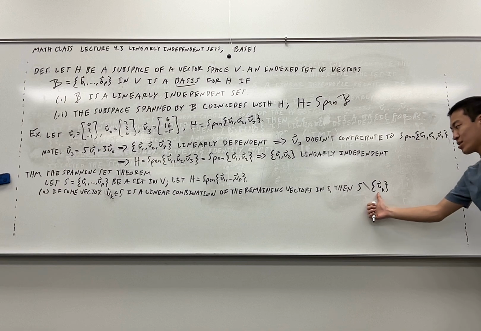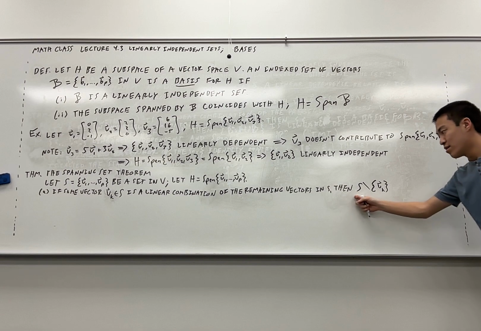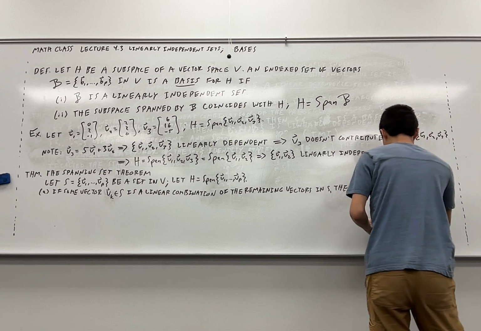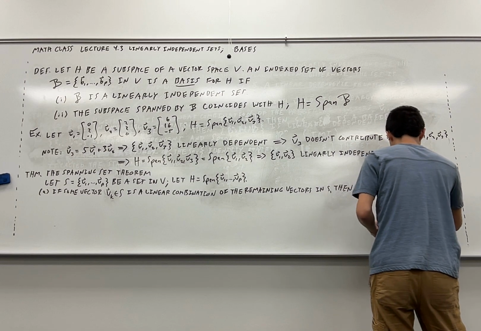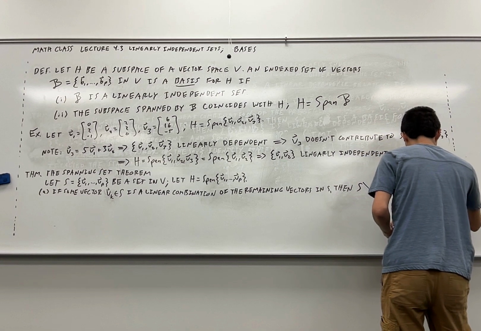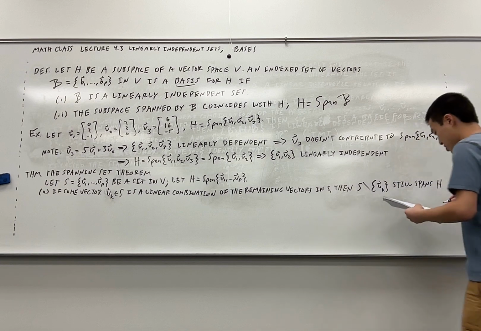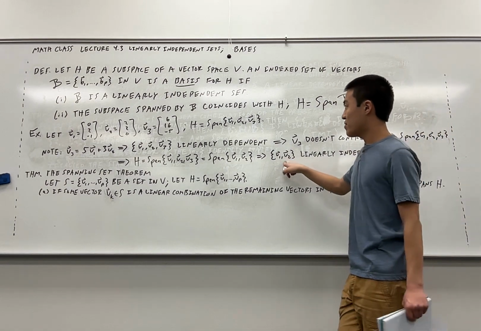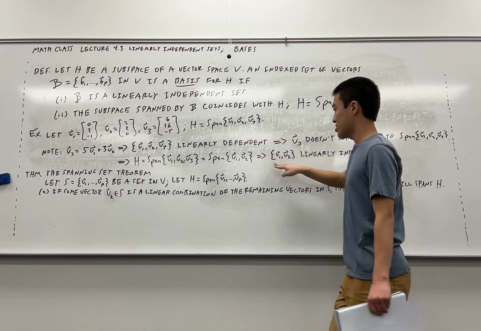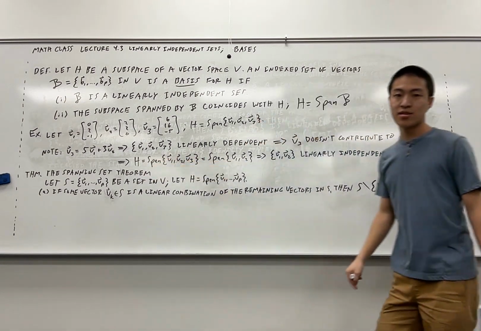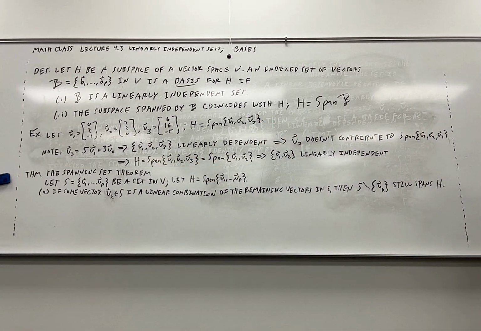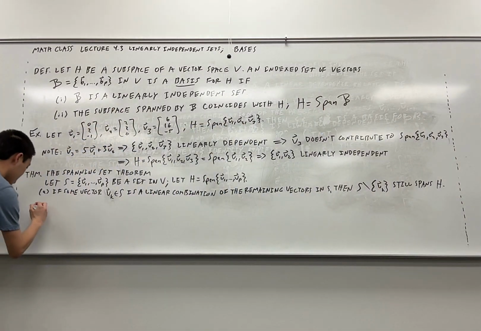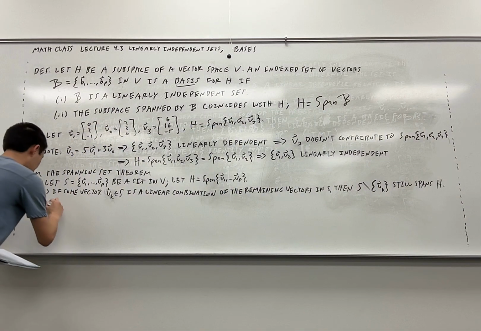So I'm getting rid of the element vk from my original set of vectors. And that still spans H. Just how we found here that this smaller set, even though we chopped out a vector, still spans H. Well, that didn't change.